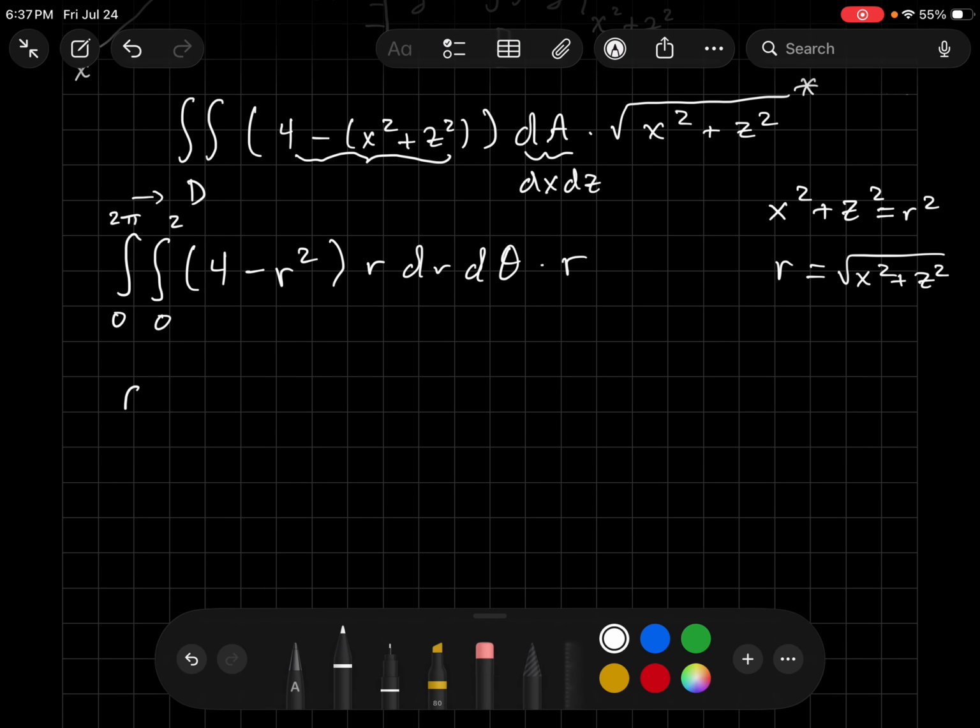So my integral becomes 0 to 2 pi, then 0 to 2, of 4 minus r squared times r squared dr d theta.